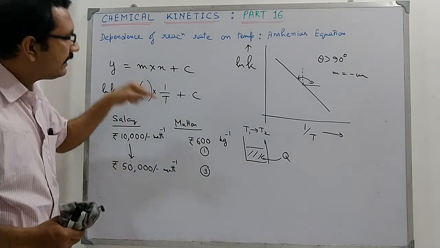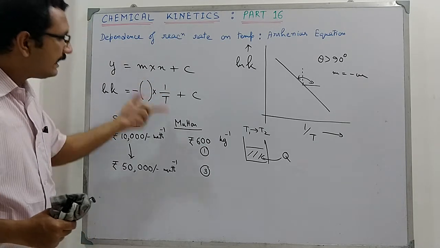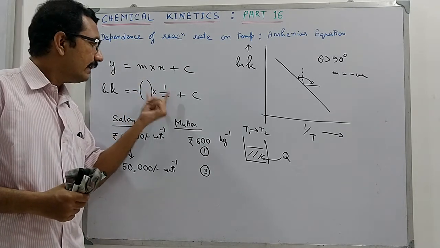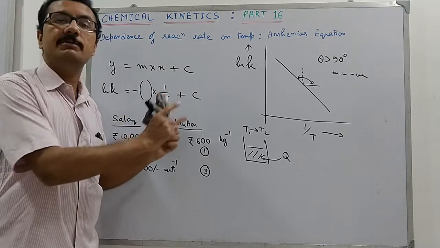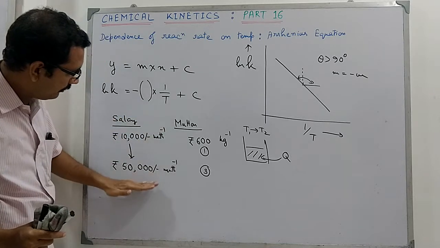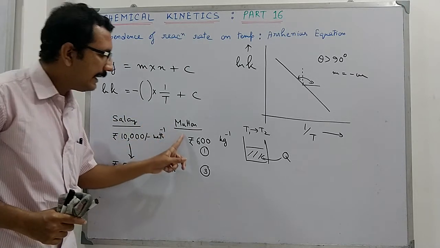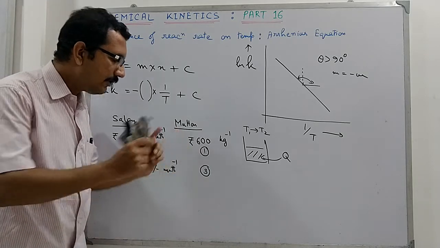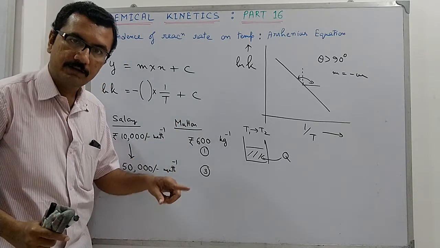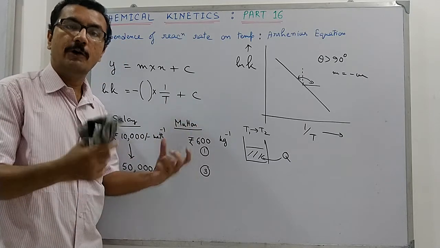And if the rate increases, what does it indicate? It indicates that there must be an energy barrier. Now, if with increase in your monthly salary, the frequency of mutton consumption increases, it guarantees that mutton is a high priced object.